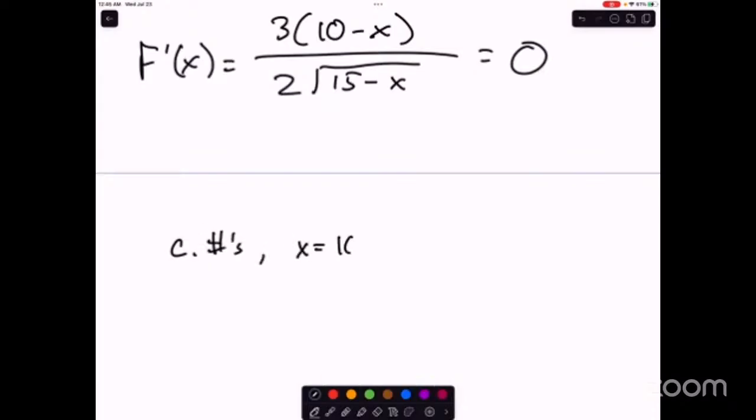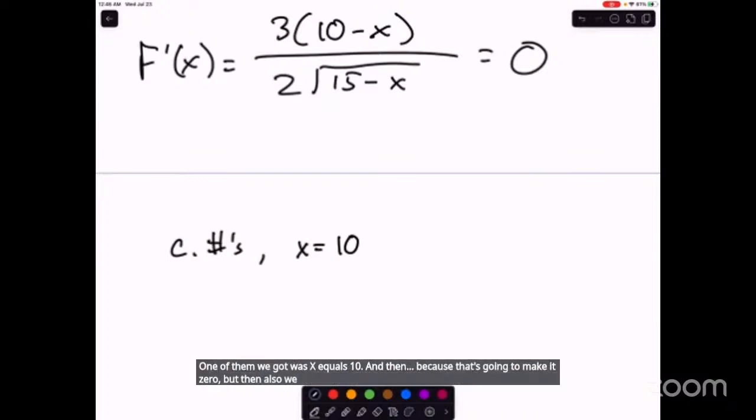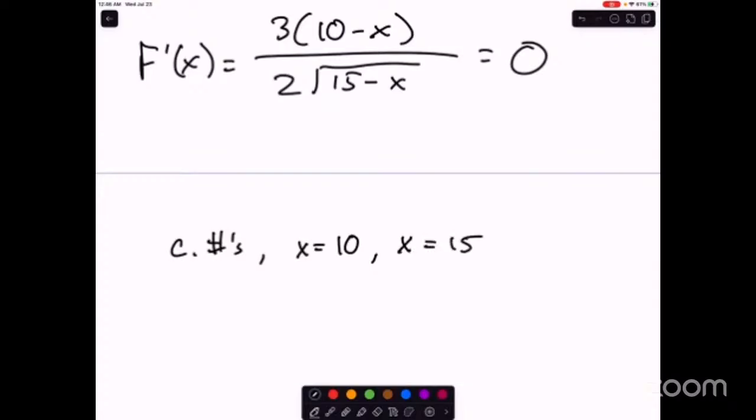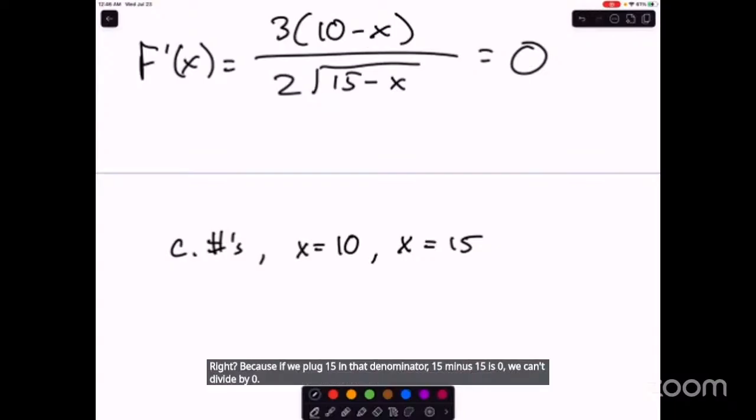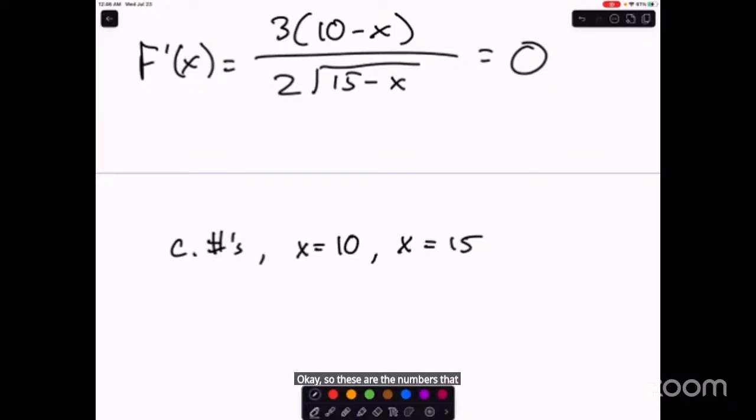Then we also consider an x that makes this undefined, in other words, a 0 in the denominator, and that's 15. If we plug 15 into the denominator, 15 minus 15 is 0, and we can't divide by 0. So these are the numbers we need to test.